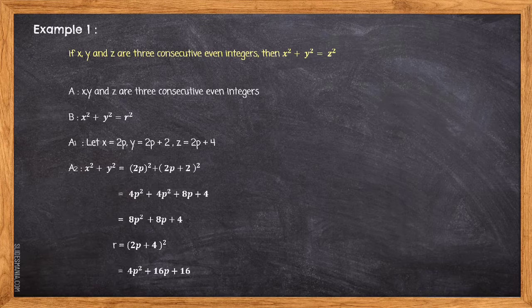A2: x squared plus y squared equals (2p) squared plus (2p plus 2) squared, equals 4p squared plus 4p squared plus 8p plus 4, equals 8p squared plus 8p plus 4. z squared equals (2p plus 4) squared equals 4p squared plus 16p plus 16.